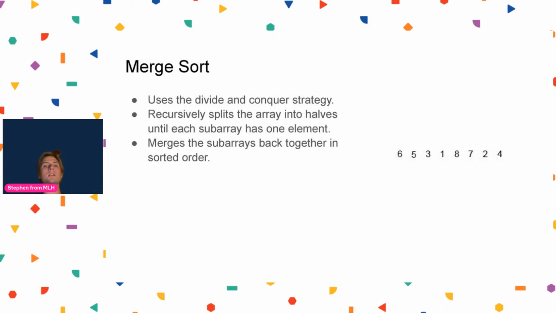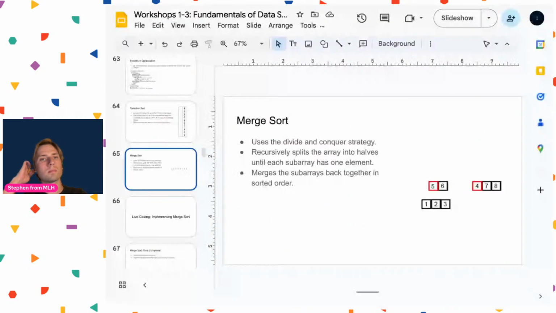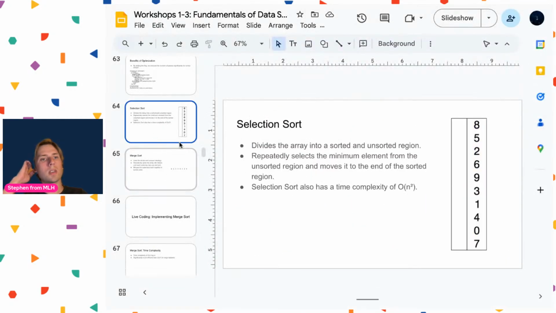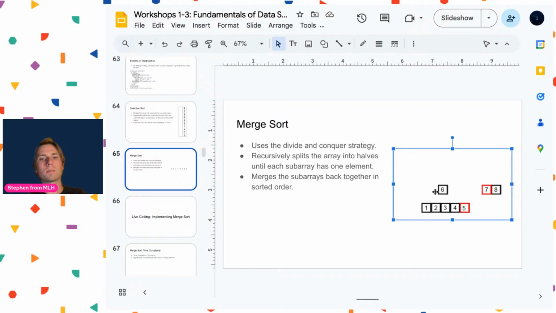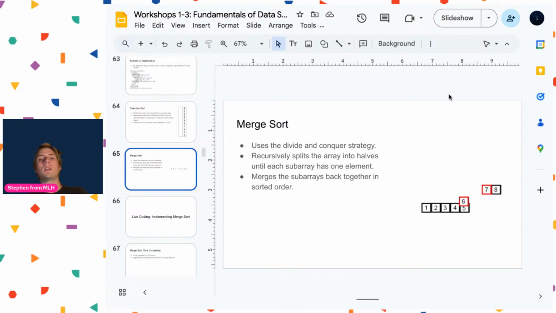Do you think that it's larger or smaller than O(n) squared? I'll show the GIF again so that you can see that. Let's see.